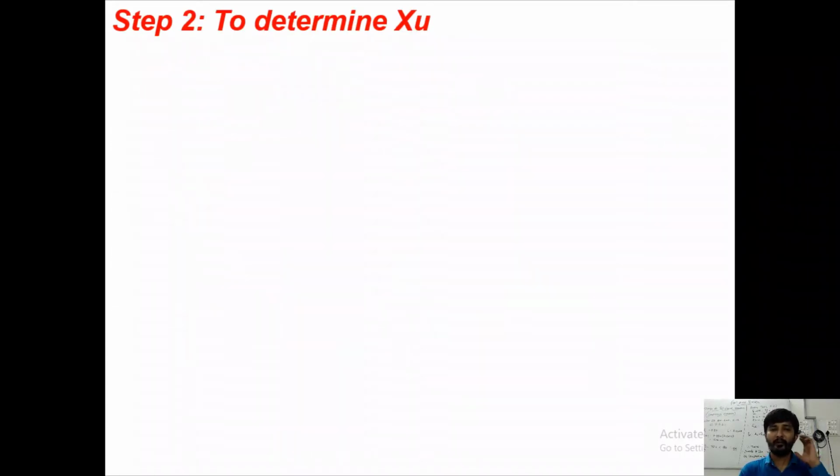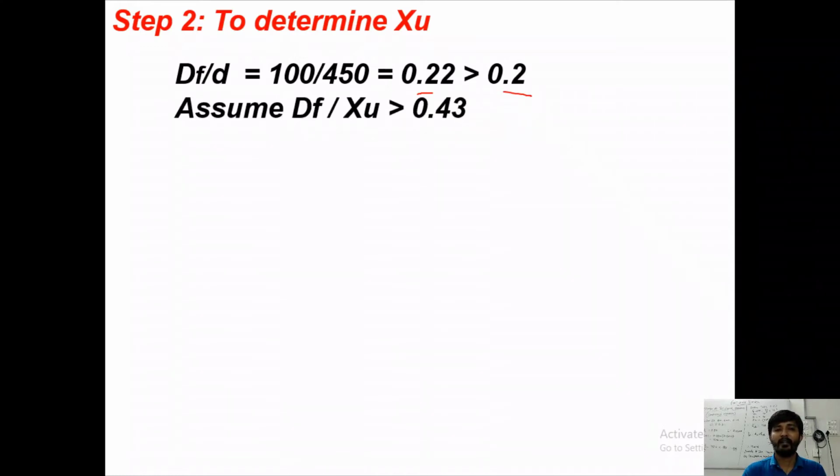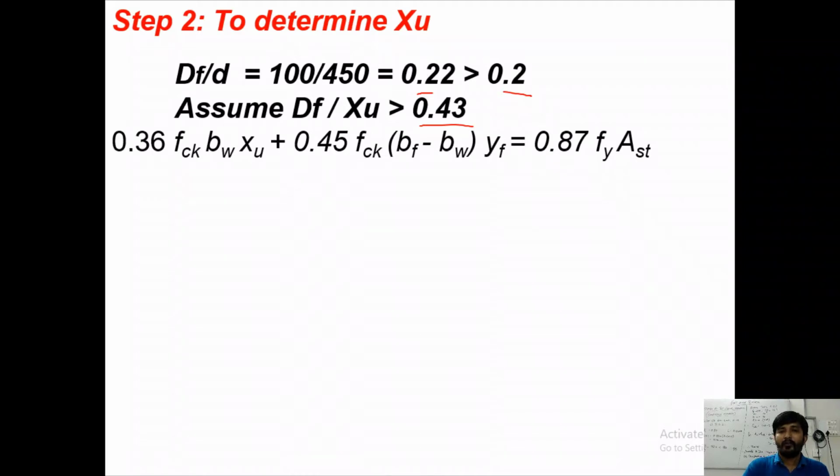Moving to the step number 2, which will determine the XU value. So DF by D ratio, same 0.22, which is greater than 0.2, and assume DF by XU as greater than 0.43. So if DF by XU is greater than 0.43, we have this equation, which is 0.36 FCK BW into XU plus 0.45 FCK (BF minus BW) into YF is equal to 0.87 FY AST.